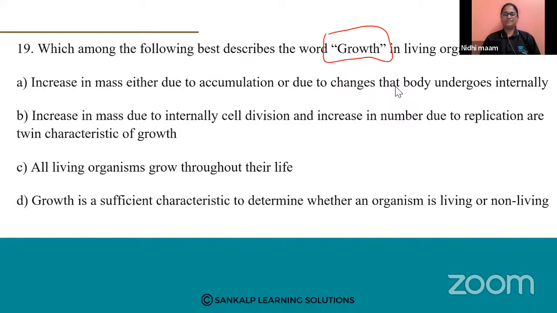Kavya. See here, the first one, increase in mass due to accumulation or due to changes that the body undergoes is not a correct definition of growth. Only due to accumulation, growth will not occur. Growth will occur continuously and systematically.